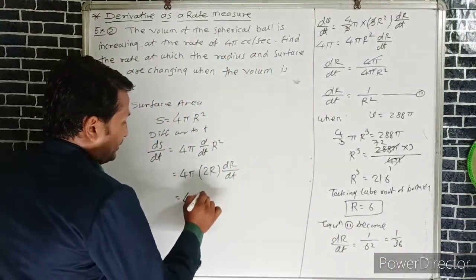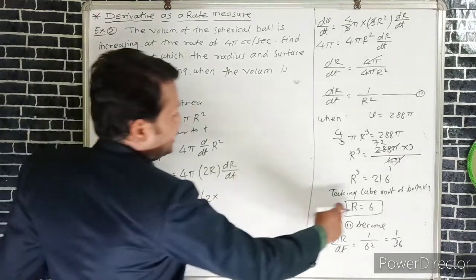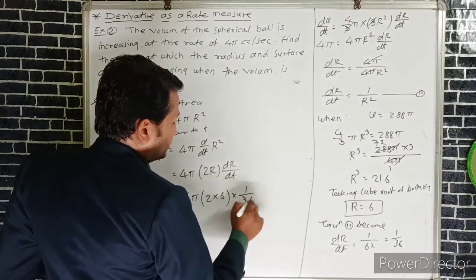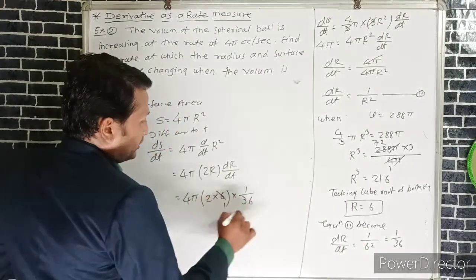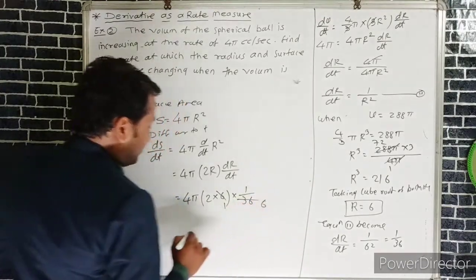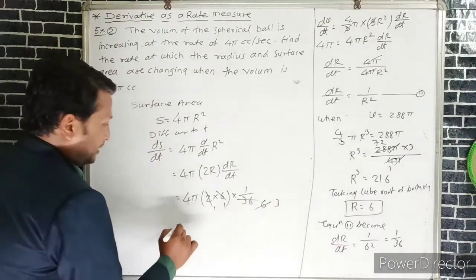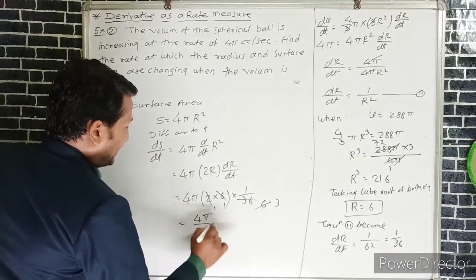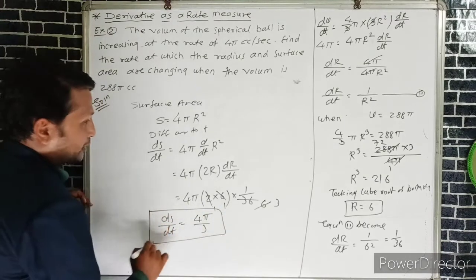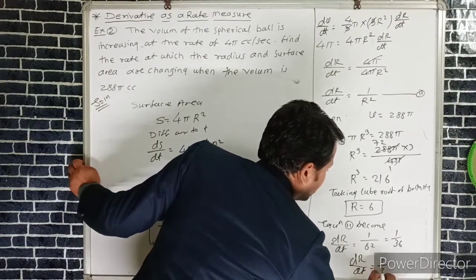4 pi into 2 into radius r equal to 6, and dr by dt is 1 upon 36. So 6 into 2 is 12, and dividing by 36 we get 4 pi by 3, which is the rate of change of surface area with respect to time t, and dr upon dt is equal to 1 upon 36.